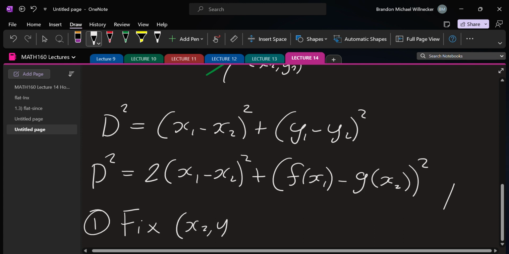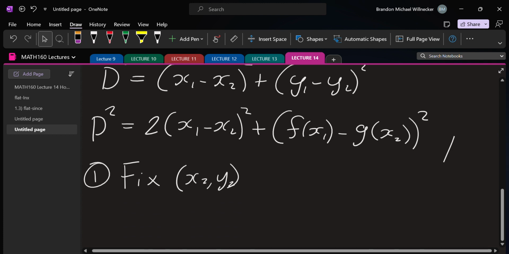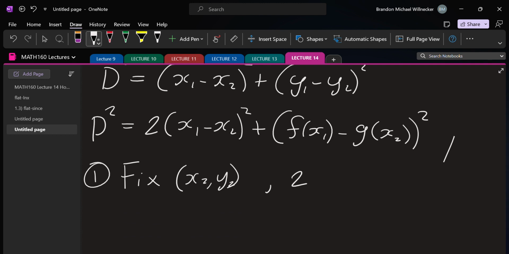So for one, we're going to fix x2, y2. That's going to be our constraint. We're going to fix it in place and see what the shortest distance is. And then in the second case, we're going to fix x1, y1.